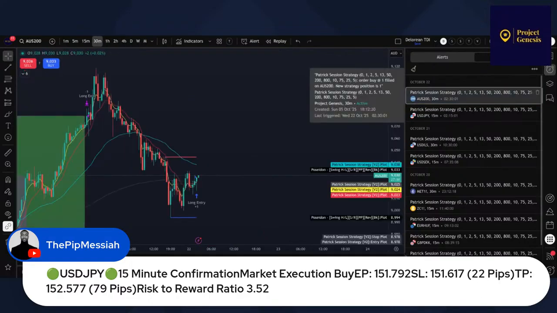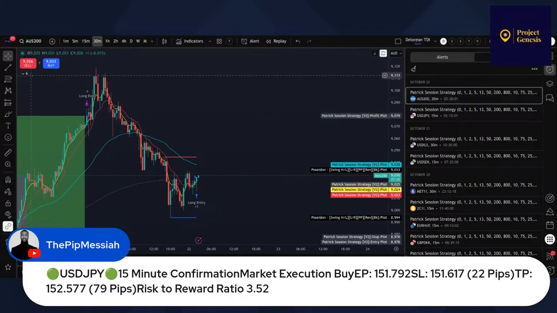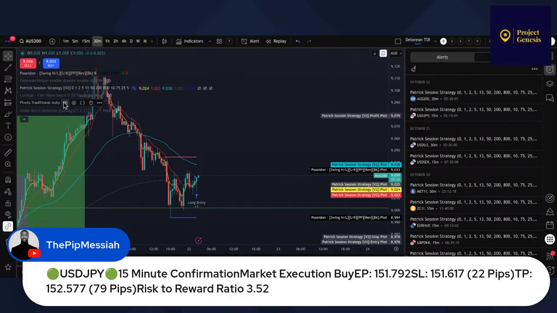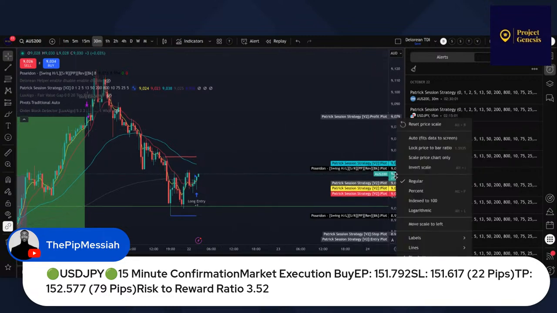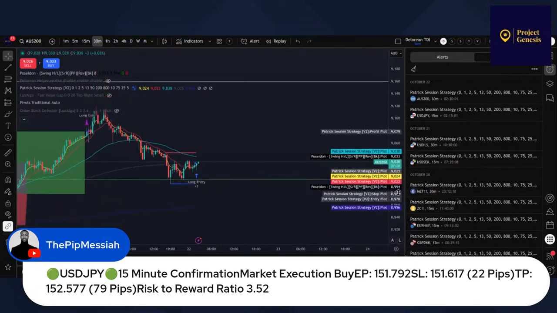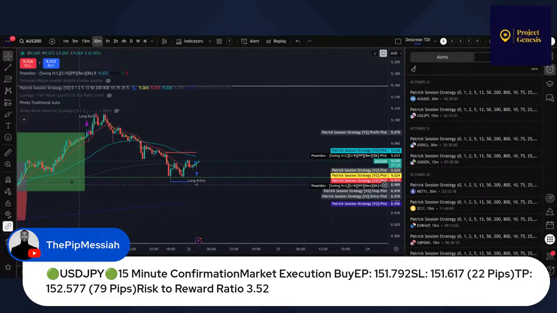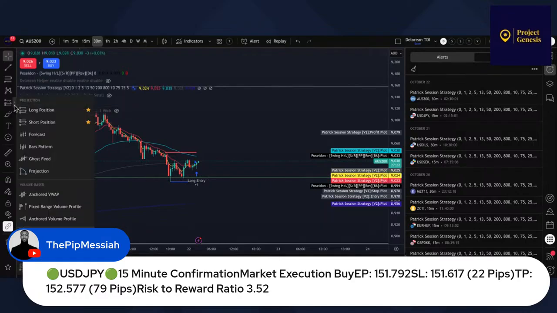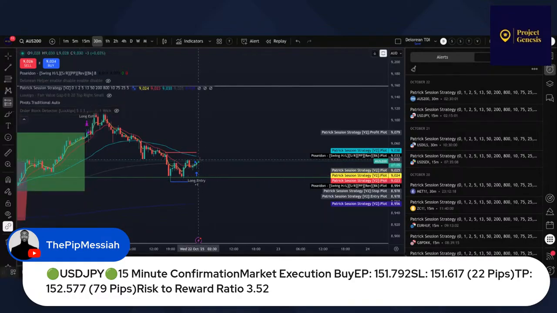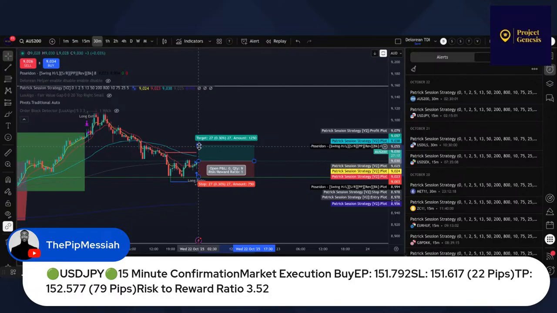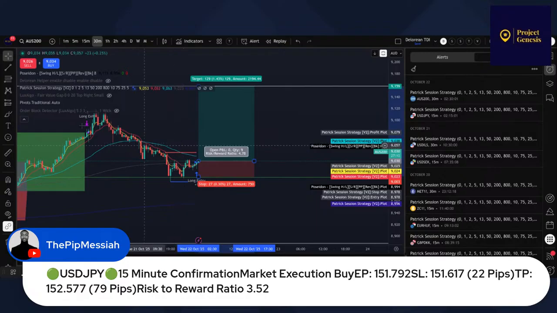All right, we've got a long entry on Aussie 200. Going to be targeting 91.59.